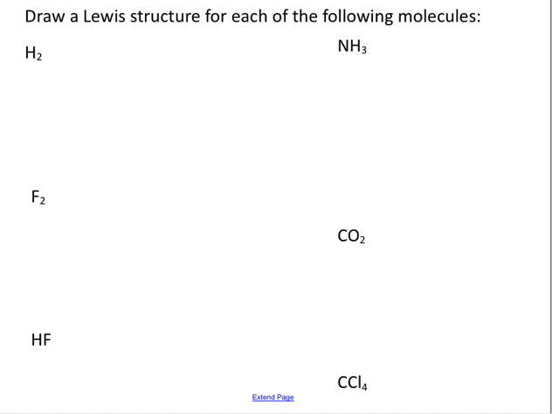Just to refresh, we know how to draw this structure. It's not a hard one. Needed, available, shared. Hydrogen needs how many electrons? 2. But there are 2 of them, so in a perfect world, we'd need a total of 4. How many do we actually have? That's the available, the valence electrons. 1 in each, so there are 2.